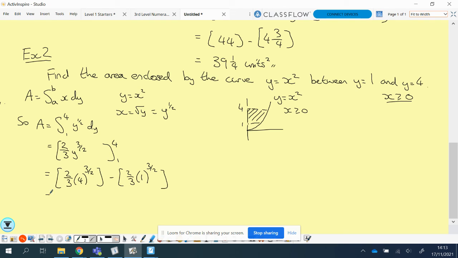Okay, so what would that give me? Square root of 4 is 2, to the power of 3 is 8. 8 times 2 over 3 is 16 over 3. Take away 2 over 3, which is 14 over 3 units squared.